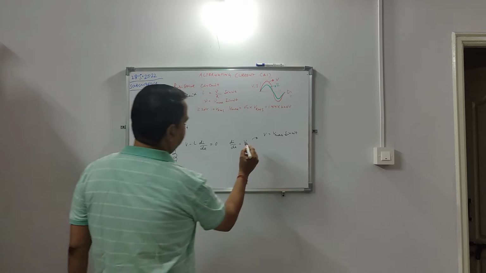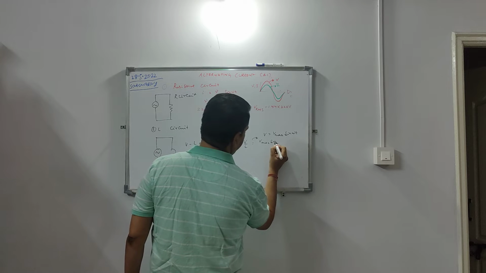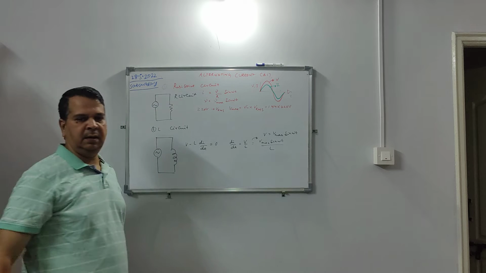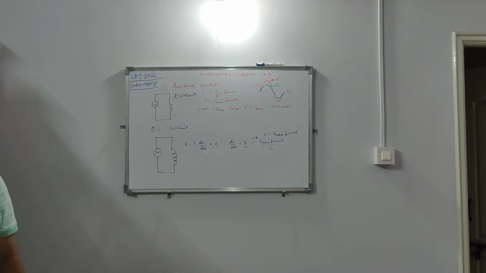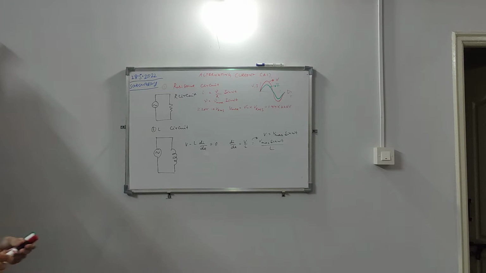So this I can write as V max sin omega t divided by L, right? Let me try to integrate it.